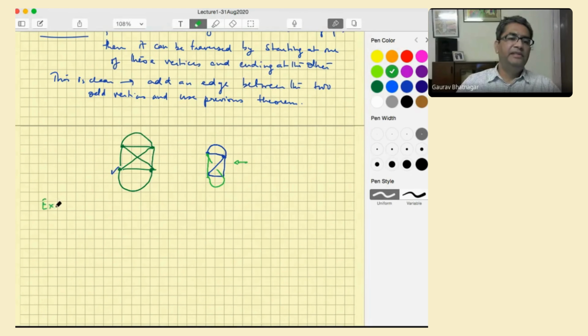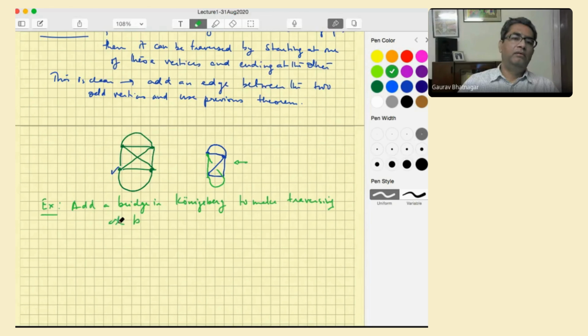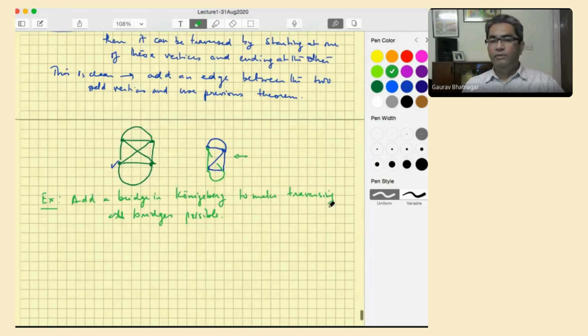So anyway, this is an easy exercise. Add a bridge in Königsberg to make traversing all bridges possible, though not necessarily coming back to the same point.